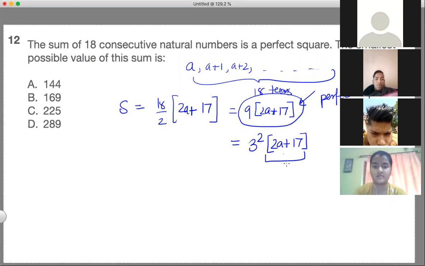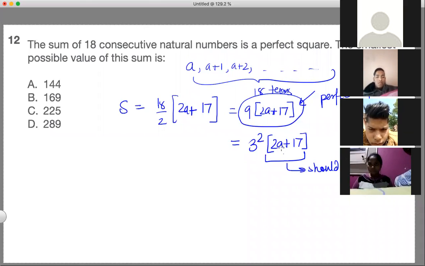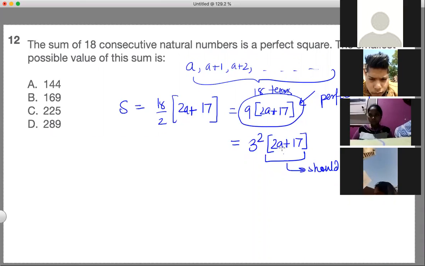So this should be perfect square. So perfect square, a is a natural number, right? So a cannot be negative because a is a natural number. Okay, it has to be 1 or above. So what value of a can make this thing a perfect square?